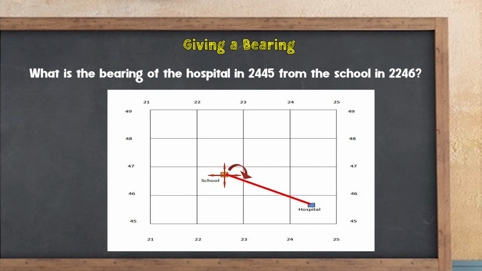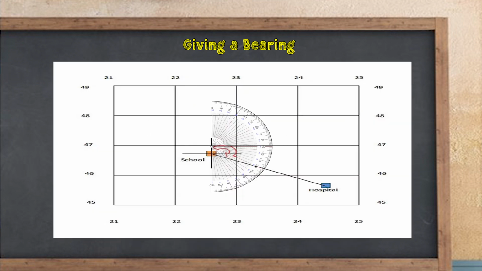Then, we simply measure the angle going clockwise from 0 degrees north to the line which goes to the hospital. In the picture above, this angle is indicated by the red arrow. The picture shows the correct placement of the protractor for measuring the angle. Have a look on screen.